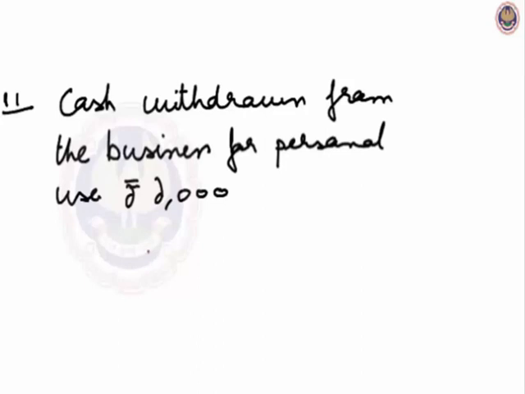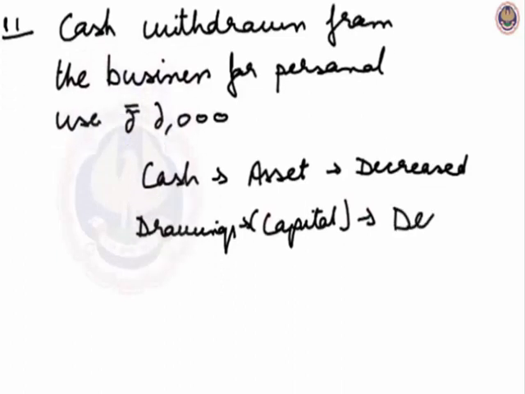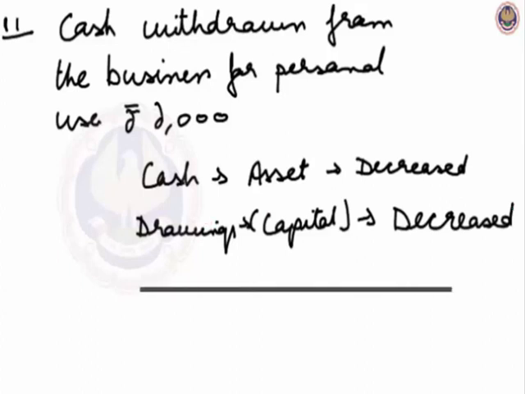So two things are involved in this transaction. First is cash. Cash is an asset and cash is withdrawn, so amount of cash is decreased, and it is for personal use, so it is drawings. Drawings is something related to capital, and when drawings takes place, capital is decreased.